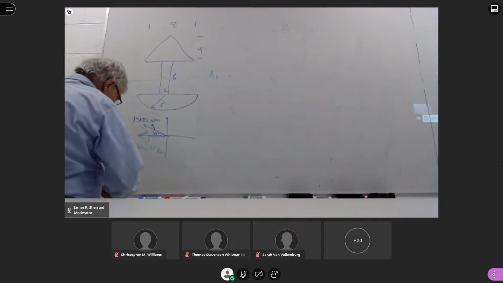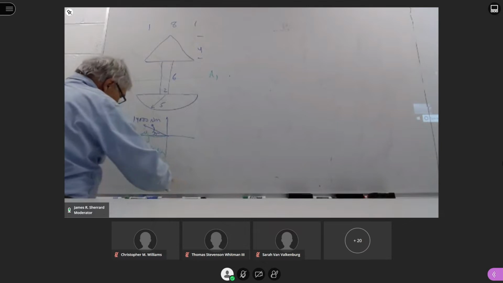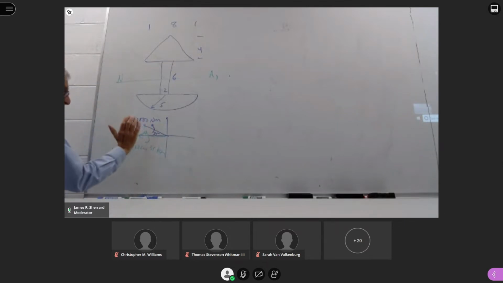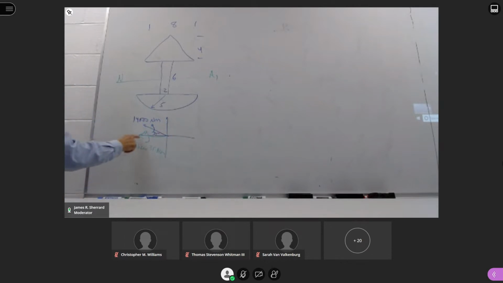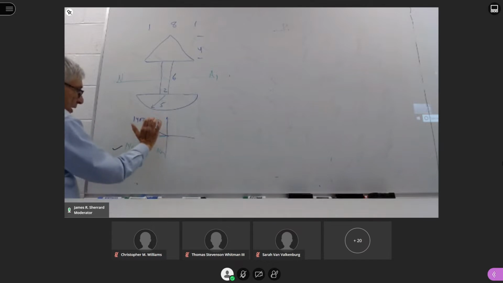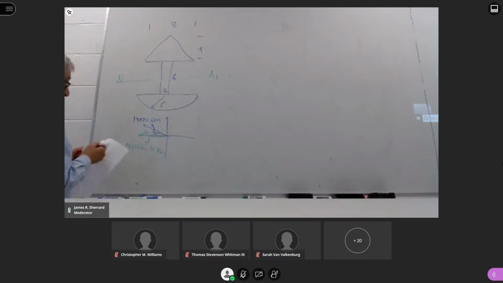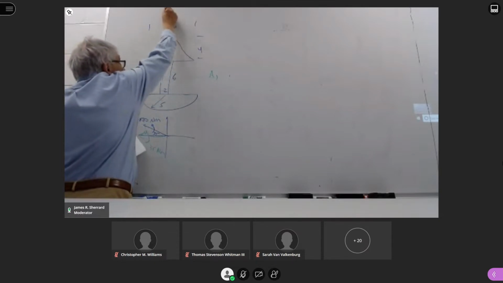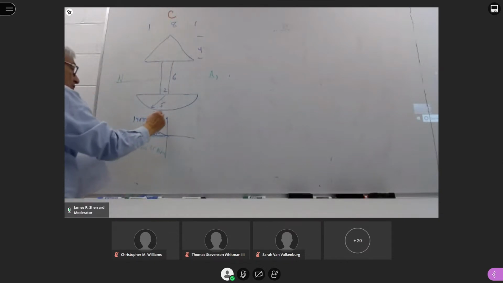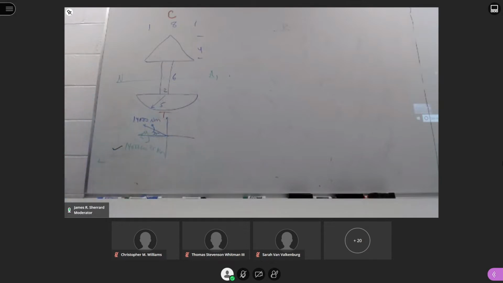If I then let my finger curl, and remember, let your thumb go along the direction of the neutral axis. Curl your fingers, right hand rule, sit on your left hand. Don't even bring that out. Right hand rule, it curls towards compression. So I know that my neutral axis is in this direction. I have compression up there, so therefore I have to have tension down here.